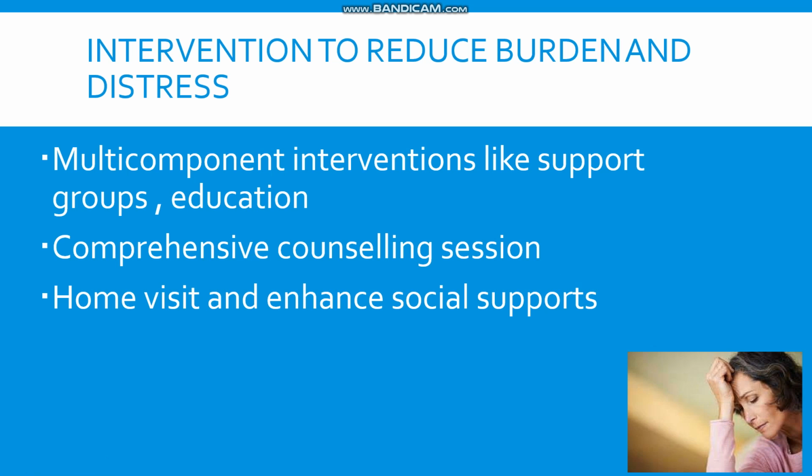A home visit is very good, so that the nurse can interact with the caregiver, ask whether any further help is needed, and if the caregiver is doing anything wrong, the nurse can correct it in a good way. So that is the fourth point.